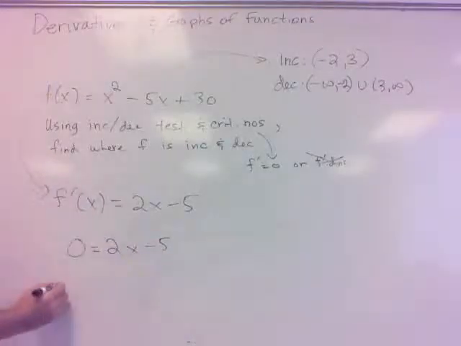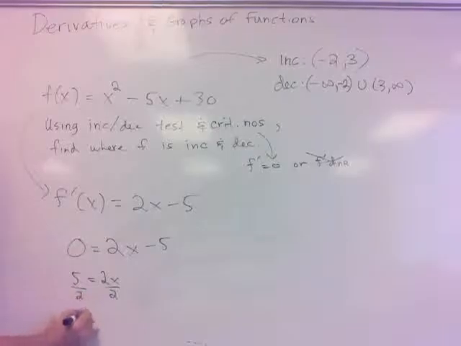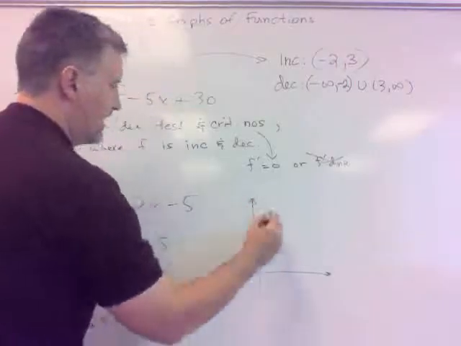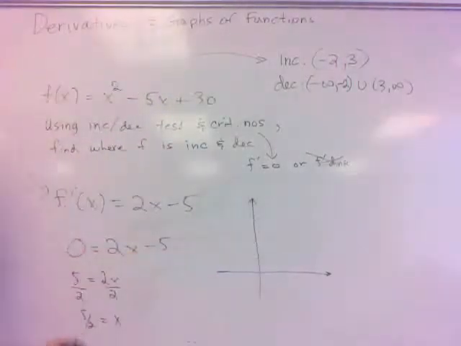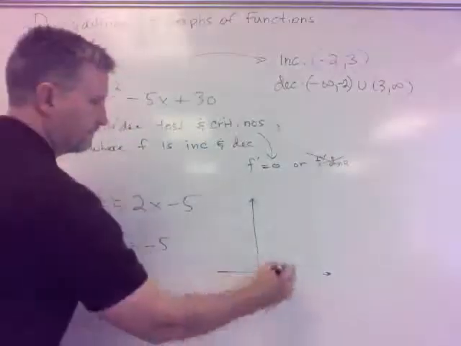And so for the critical numbers, I'm going to set that to 0. And that's not too bad. Add 5, divide by 2. 5 halves is my critical number. So here's how we're going to do that. We're going to divide up the graph. I'm not actually going to graph this, but I'm going to divide up the graph. We just have one critical number, at 2.5.